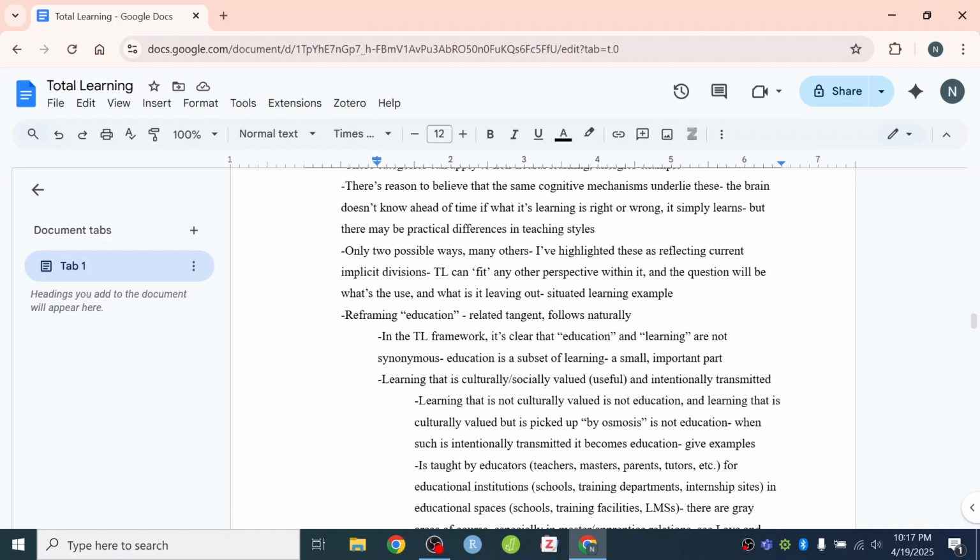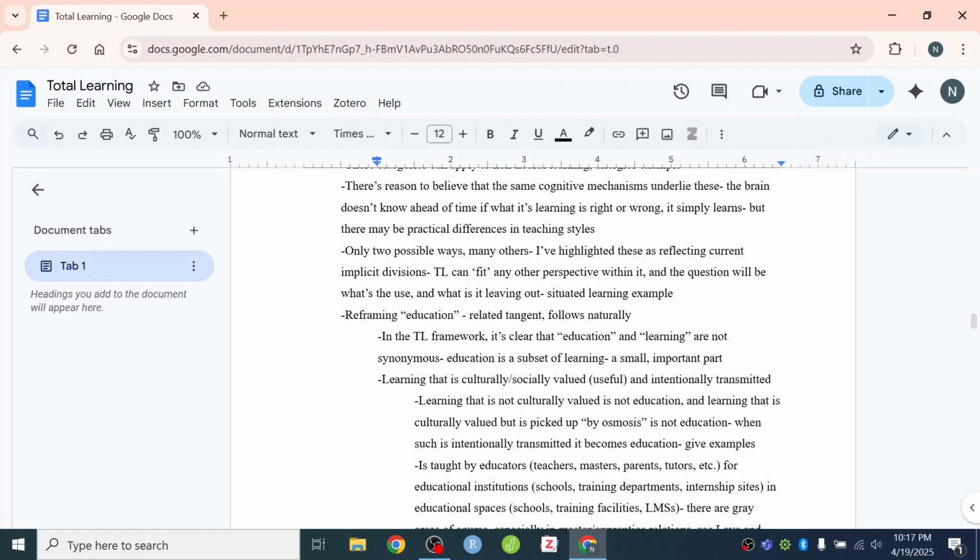Learning that is not culturally valued is not education, and learning that is culturally valued but is picked up, quote unquote, by osmosis, just as you go along, is also not education. When such information, such skills, are intentionally transmitted, they become education. When something socially valued that is usually not intentionally transmitted is intentionally transmitted, it becomes education.